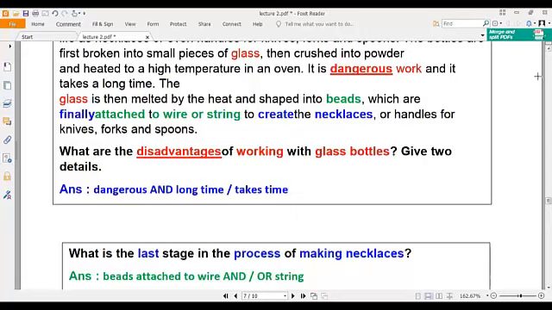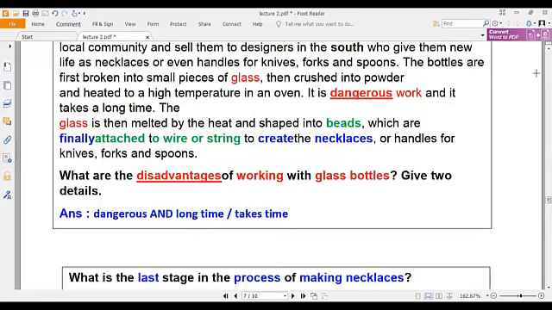The last stage. Attached to wire or string to create the necklaces. Yes, exactly. Okay. He said the last stage. Okay. How did we know that your answer is the last stage?